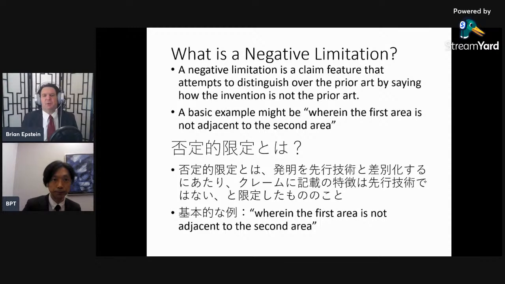A basic example might be something like, wherein the first area is not adjacent to the second area. A more complicated example might be, the semiconductor layer does not cross the light shielding layer. You can tell that these basic negative limitations often use the word not in them.